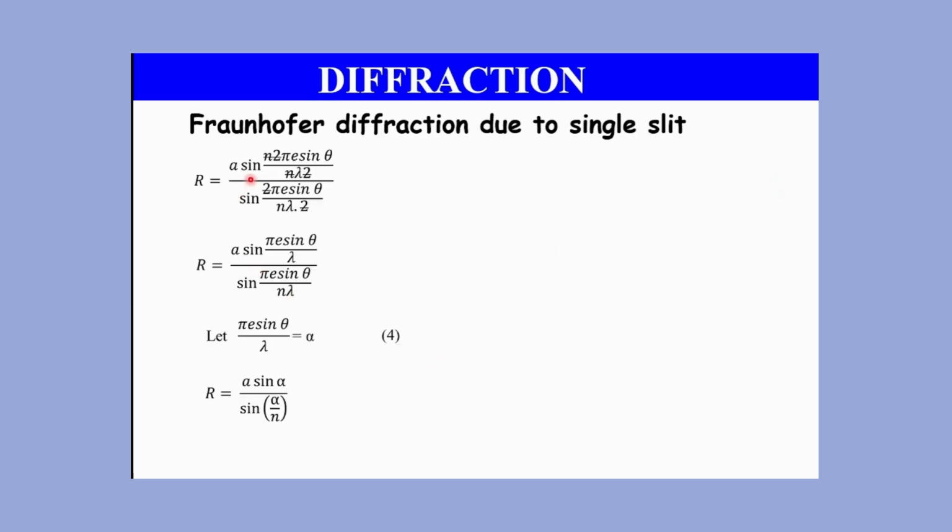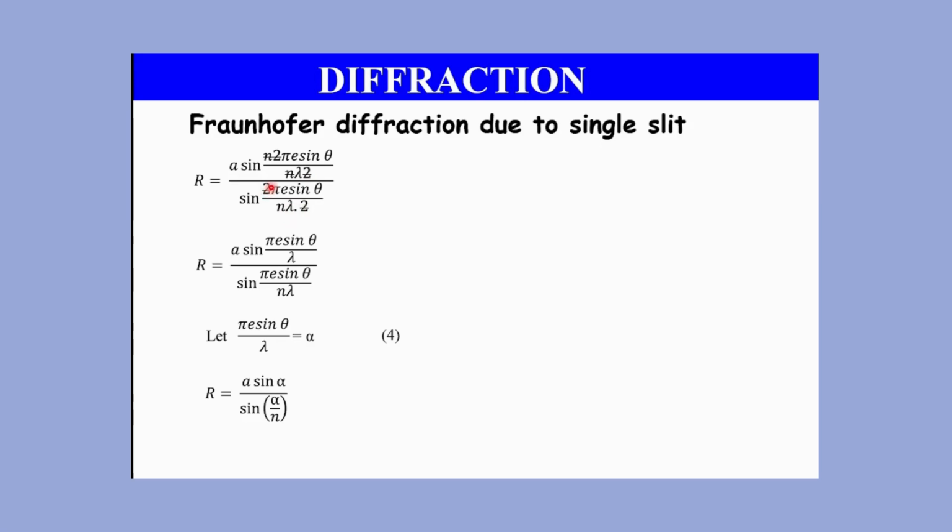Now R is equal to a into sin(n d by 2) divided by sin(d by 2). In the place of d, we substitute 2 pi e sin theta divided by n lambda. In this equation, the n and n and the 2 and 2 cancel, and in the denominator the 2 also cancels.